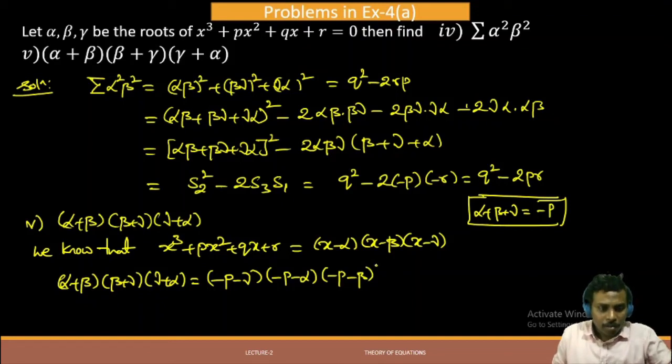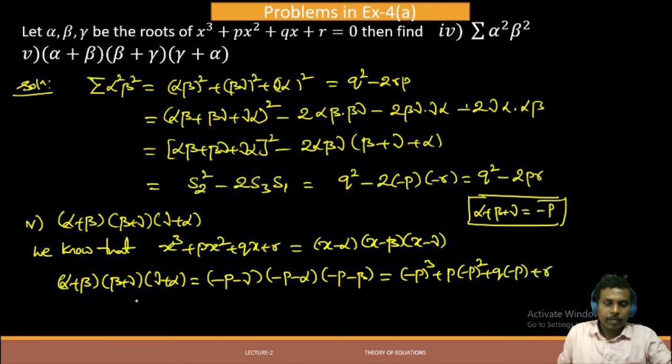Okay, now this is nothing but, if in the above expression I substitute x is equal to minus p, this becomes what? Minus p whole cube plus p into minus p whole square plus q into minus p plus r.